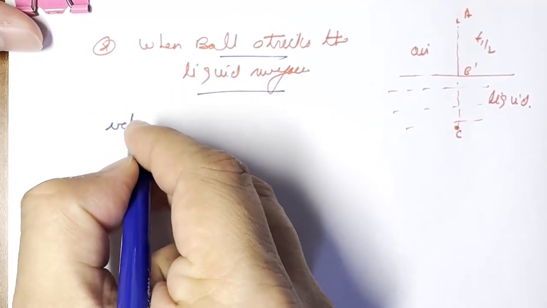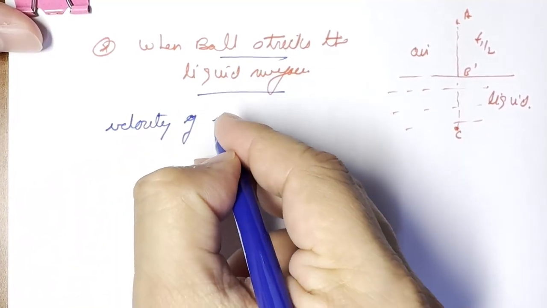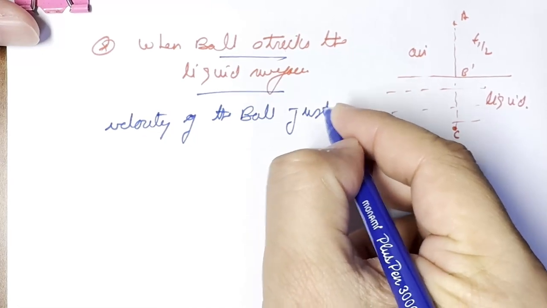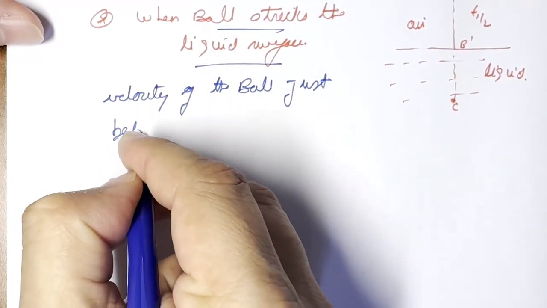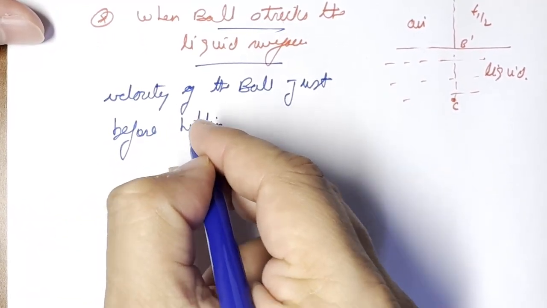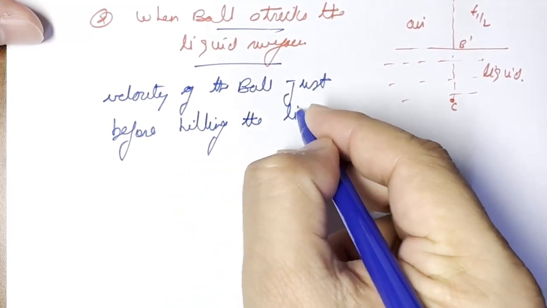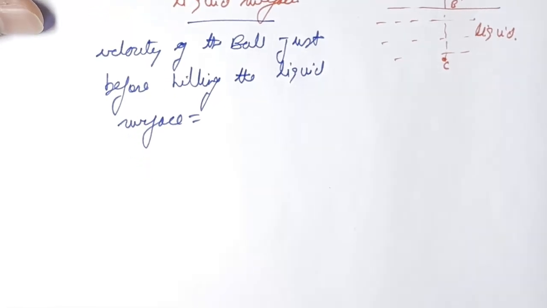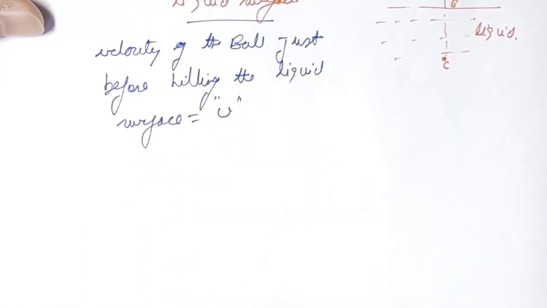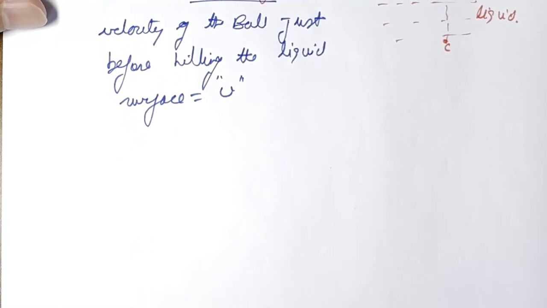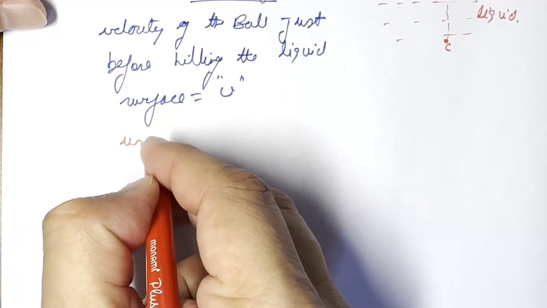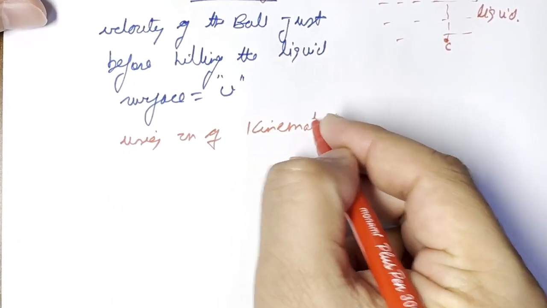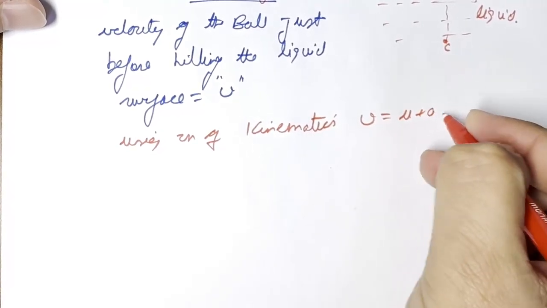So we say velocity of the ball just before hitting the liquid surface, and let us call that velocity V. We can use the equation of kinematics, V is equal to U plus AT.